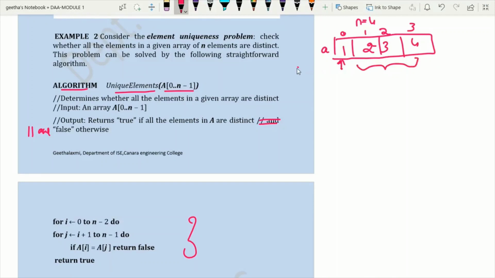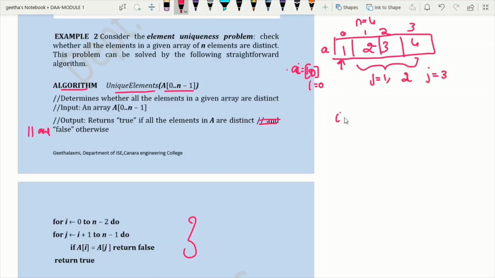That is, A[0], the first element, with the remaining elements. When i is 0, I am comparing with j equal to 1, the second element, and then the third element.